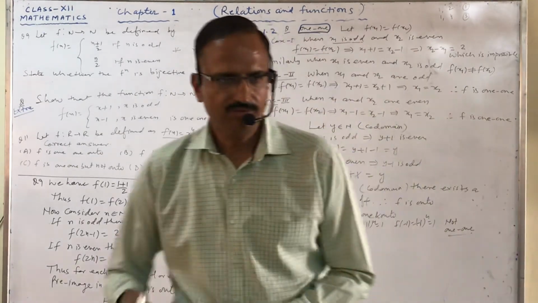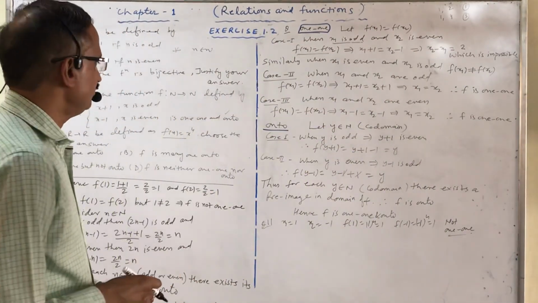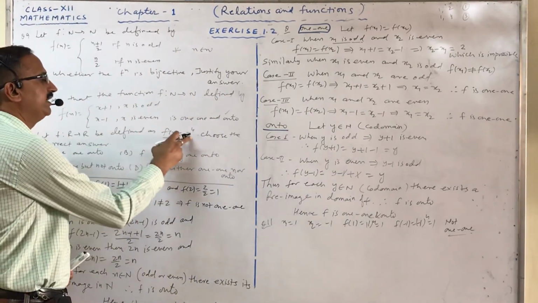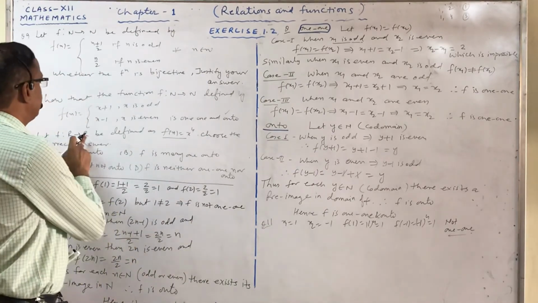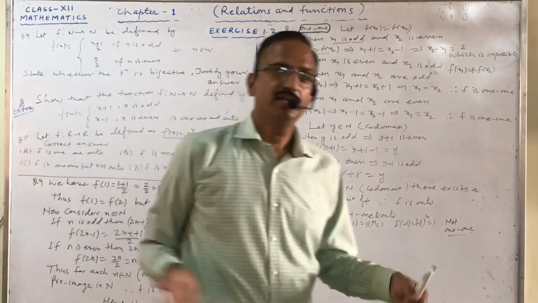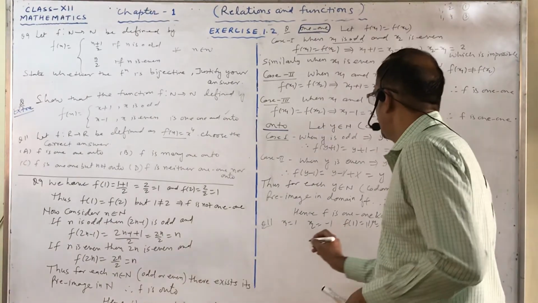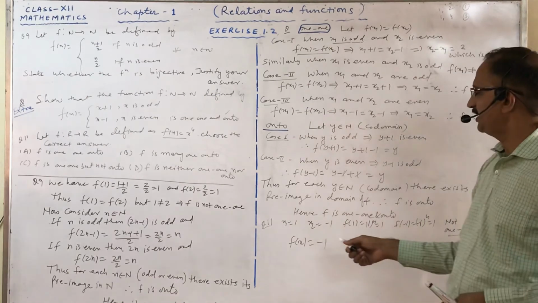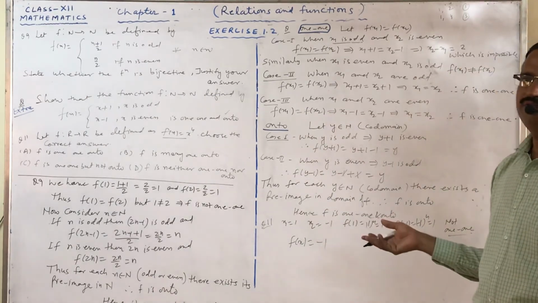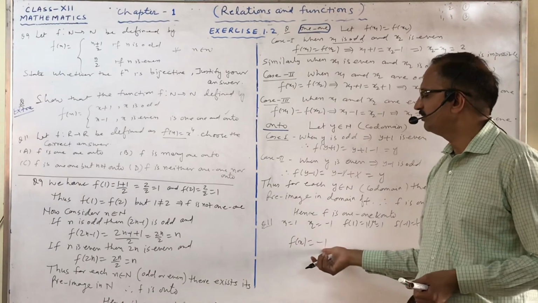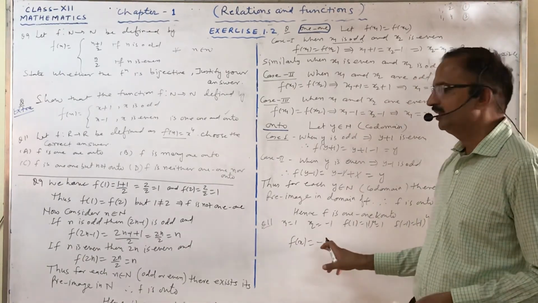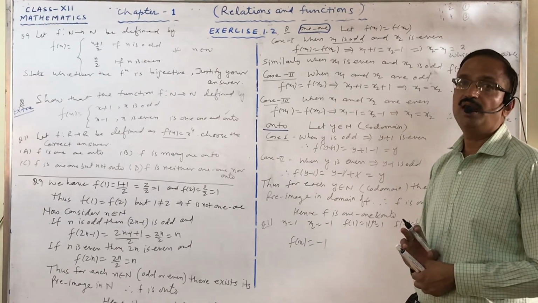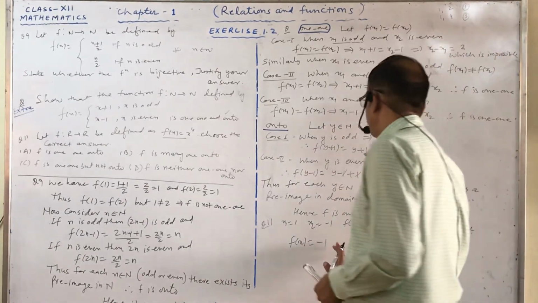Now for onto, since x raised to power 4 always gives a positive value, but real numbers have positive as well as negative numbers, f of x equals minus 1 has no solution. It means for minus 1 there is no value of x such that f(x) equals minus 1. So minus 1 has no preimage in the domain.